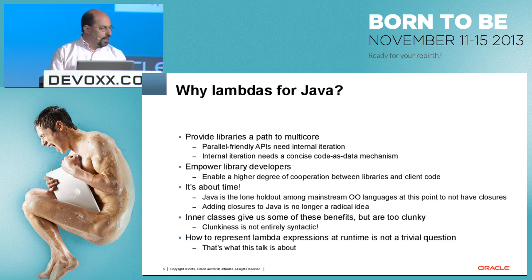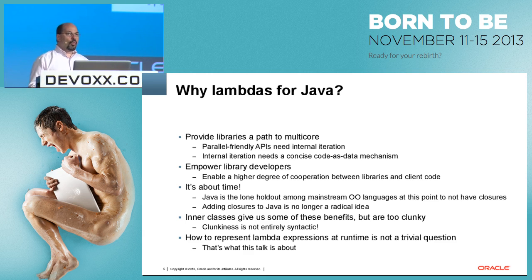But what I'm going to talk about in this talk is runtime representation. When you type code like on the previous slide, what bytecode does the compiler emit? What does the VM do with it? And why did we make the choices that we made? The reality is that runtime representation matters. It might be tempting to say, well, just design a language that's sensible to use, and let the implementation figure out how to run it efficiently on the JVM.